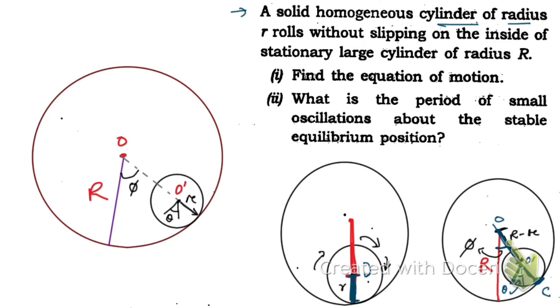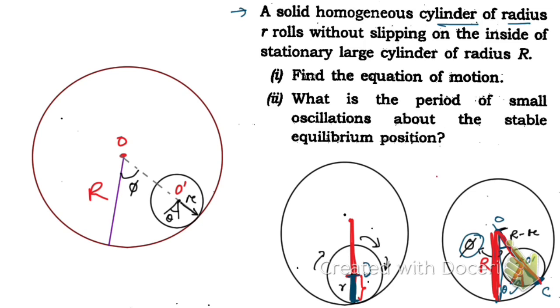That radius makes angle phi with the vertical, and this small radius that I have marked here makes angle theta with the vertical. Let me assume it that way.